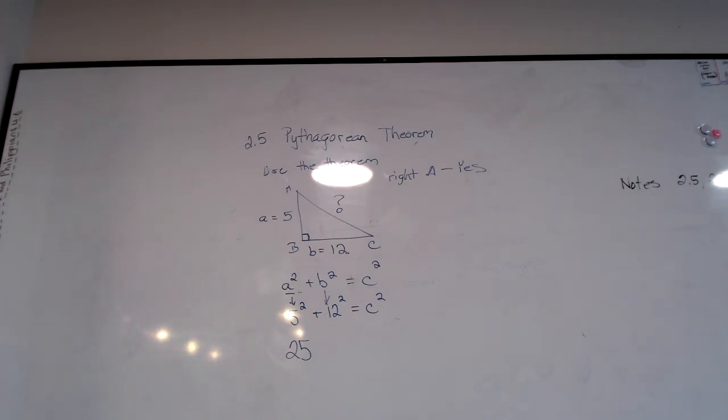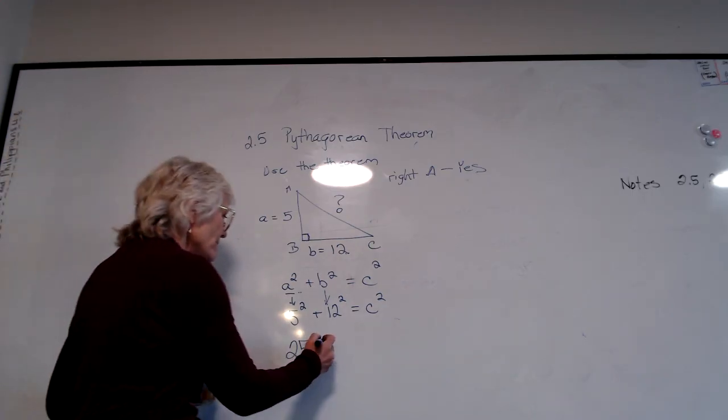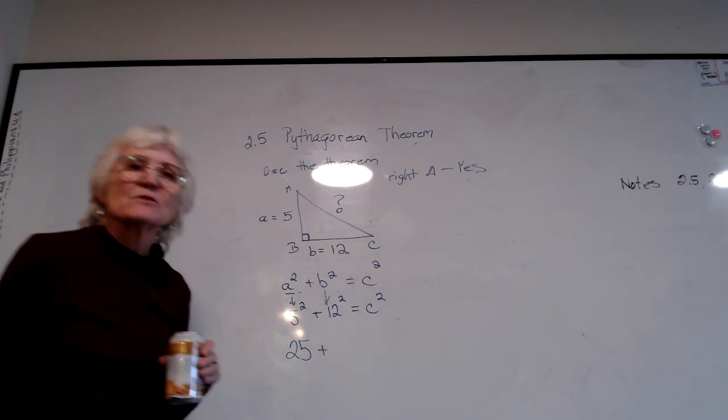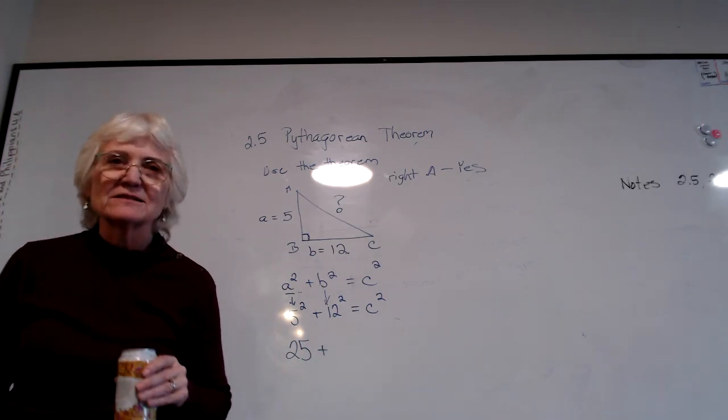Multiply the 5 by itself. Okay, so now I need to know what 12 squared is. Anybody want to tell me what that is besides the two that are always raising their hands? Ezekiel, do you know what 12 squared is? That's 12 times 12. Do you know what that is? No. Okay. Anybody else know what 12 times 12 is?